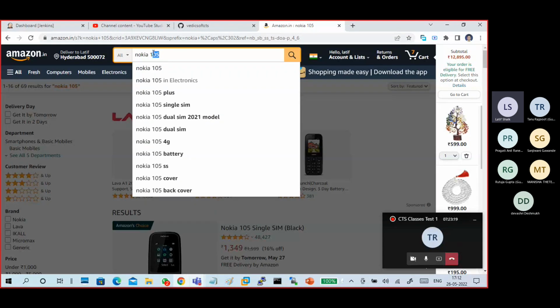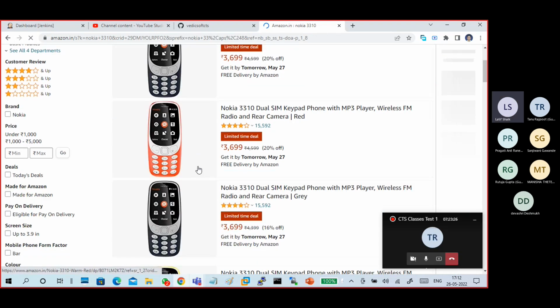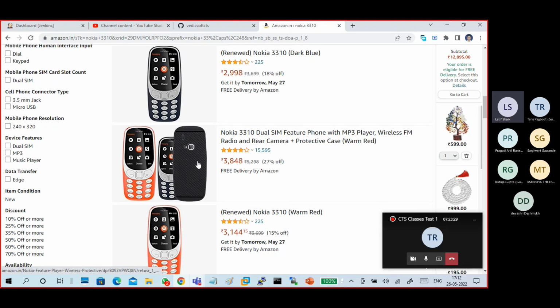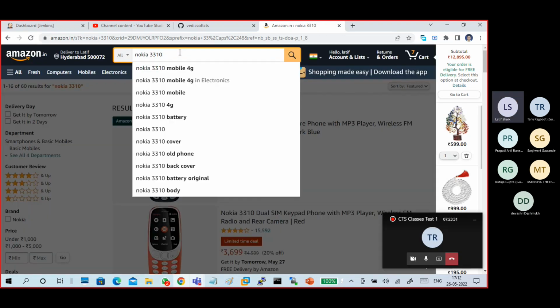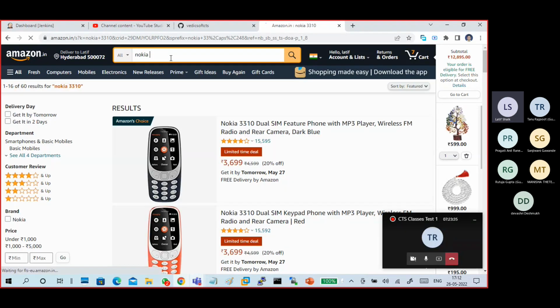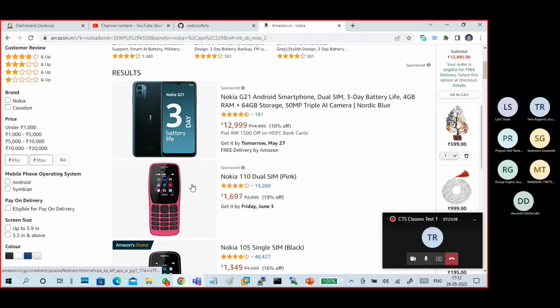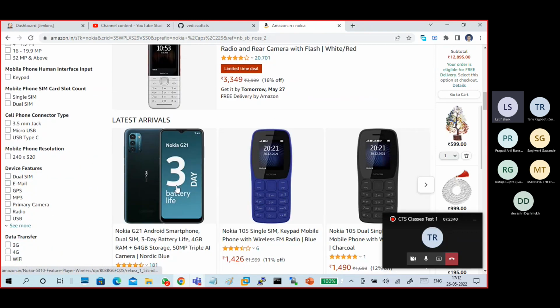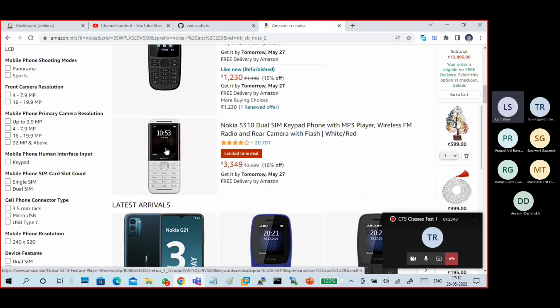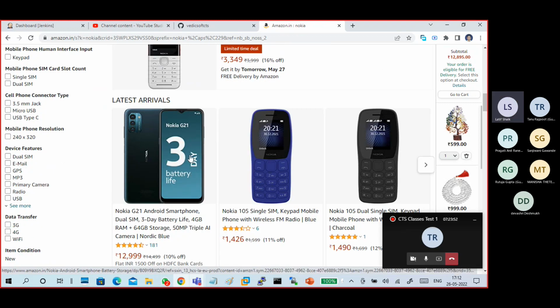Recently I purchased one from Nokia, the 5310. This was two or three months back. I purchased it and my father is using it now. It's a new mobile phone.